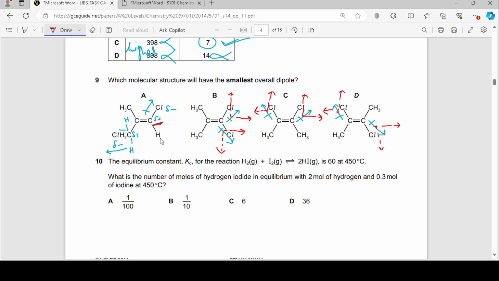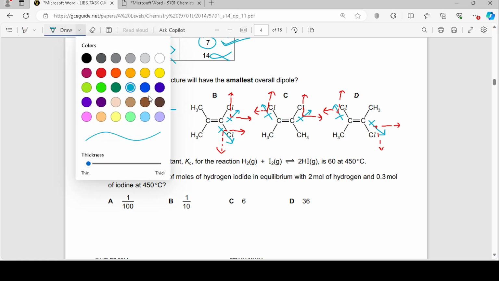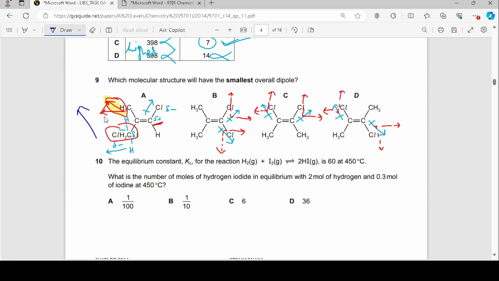So then you would have a smaller arrow there, but a larger arrow here, maybe. And then your overall resolved arrow would be going in that direction, maybe. So you can say that my overall dipole is in that direction. Maybe I should use a different color. My overall dipole is in that direction. I'm just assuming, by the way, maybe my logic is not right. Let me think.